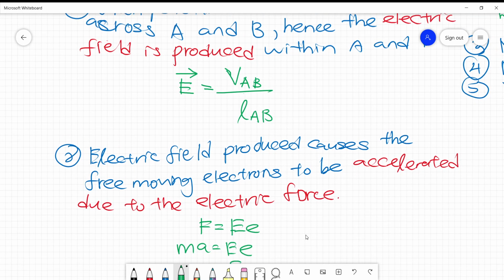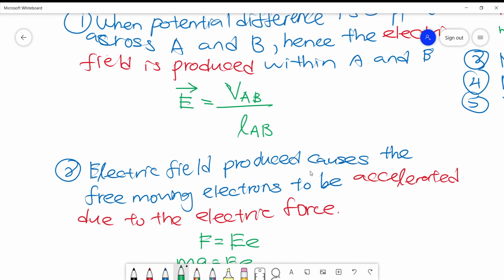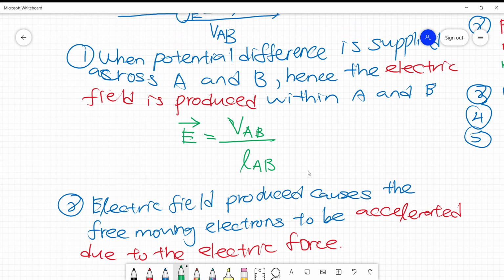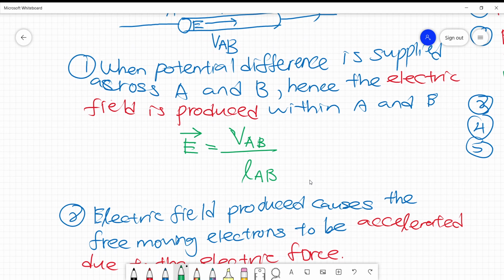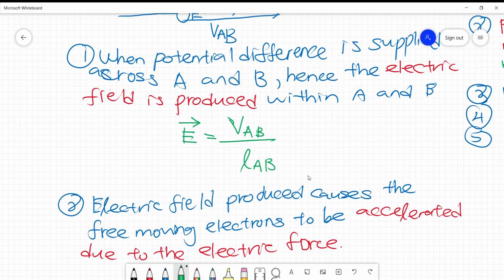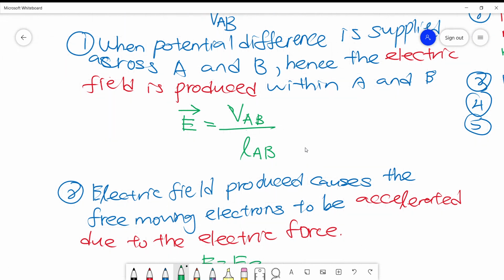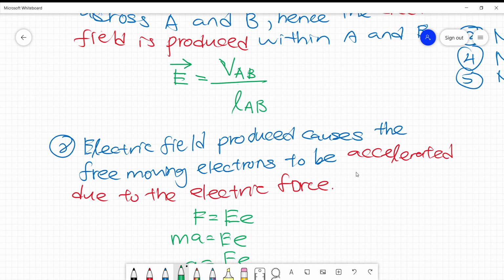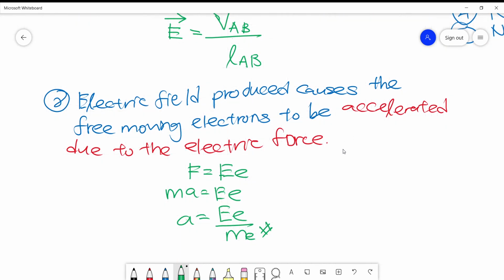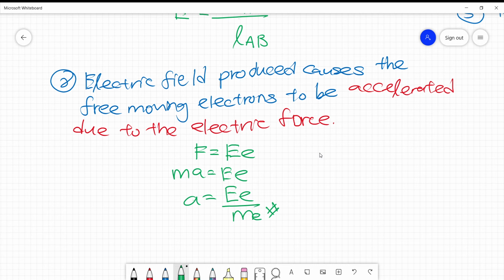If we repeat again, when the potential difference is applied across A and B, hence the electric field is produced. So the electric field can cause the free moving electrons to be accelerated due to the electric force.